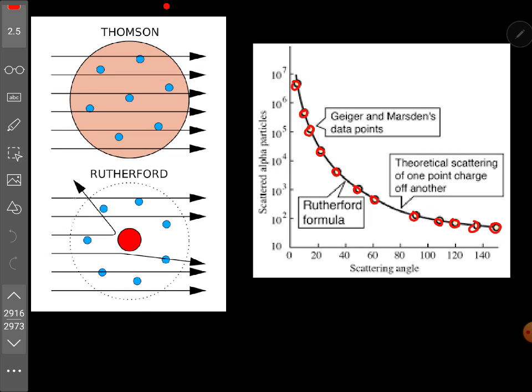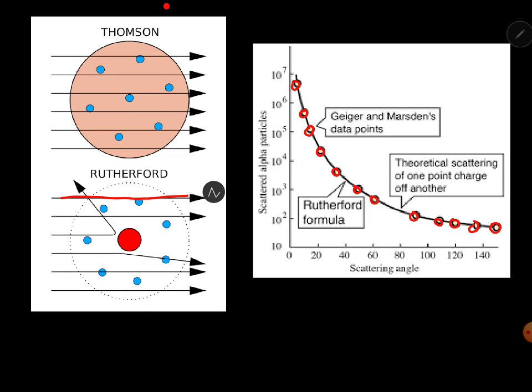So you can see most of the alpha particles suffer no deflection or a very small deflection. The alpha particles which come in contact with the nucleus get deflected through a large angle, and some of the alpha particles retrace their path and return back at 180 degrees.